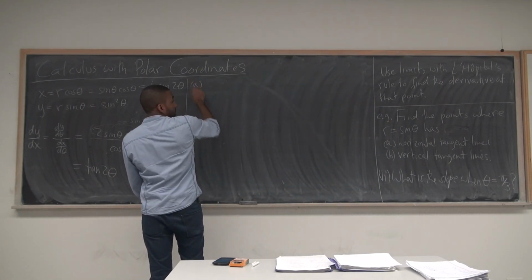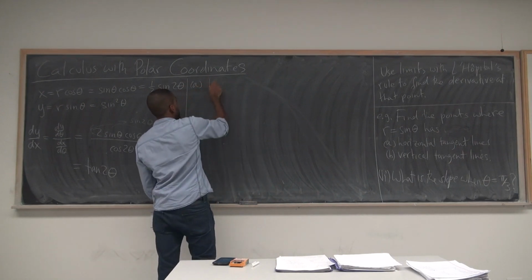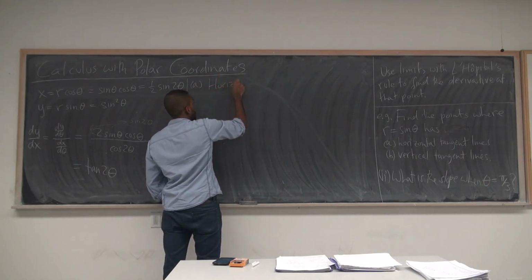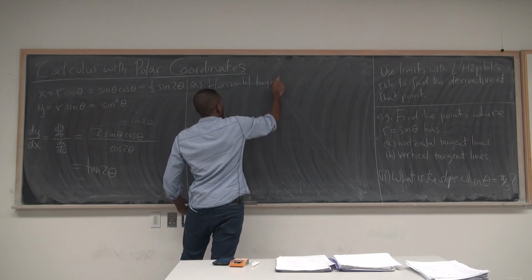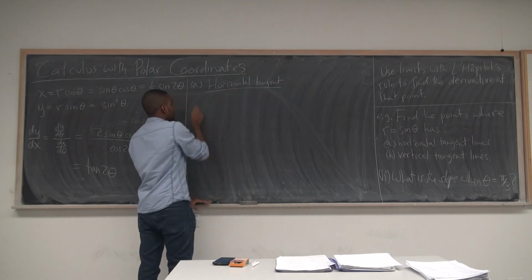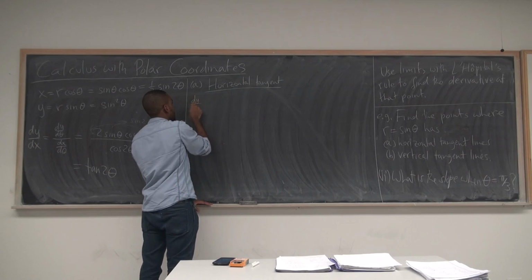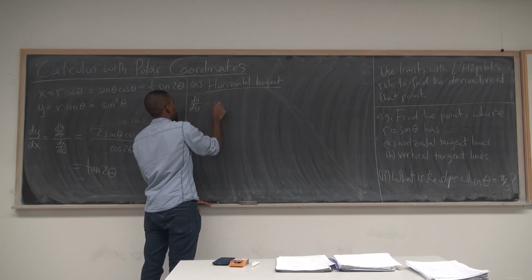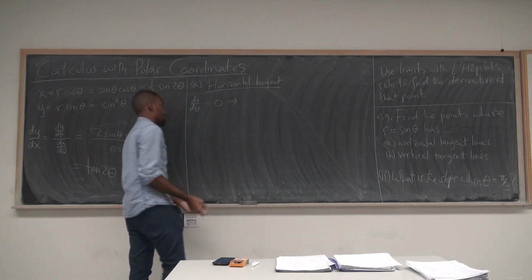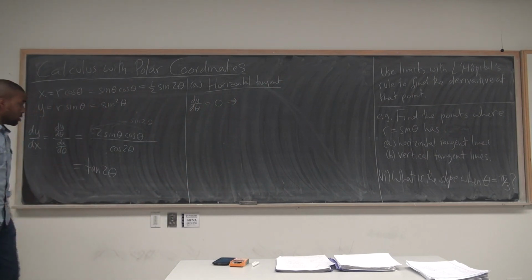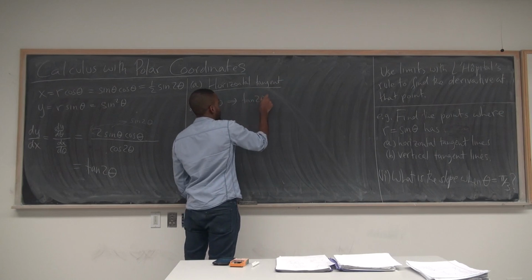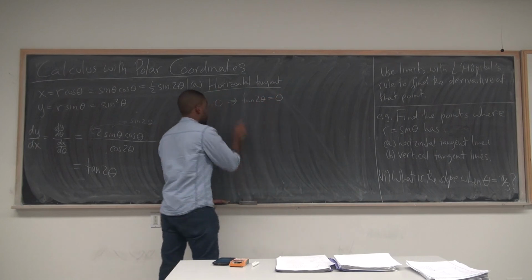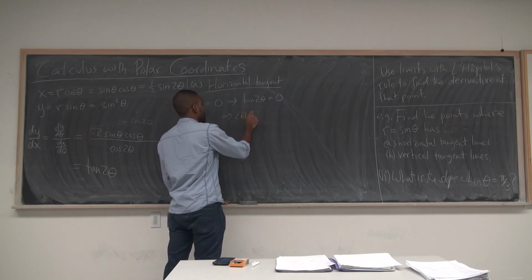So now A, let's do horizontal tangent lines. Where do those appear? This means dy d theta equals 0, or in other words, tangent of 2 theta equals 0. Means 2 theta must be equal to what?